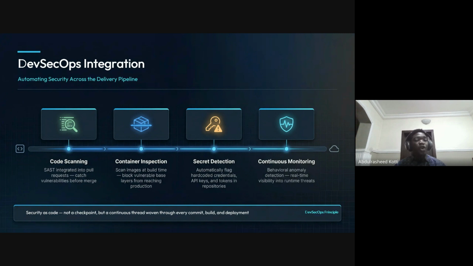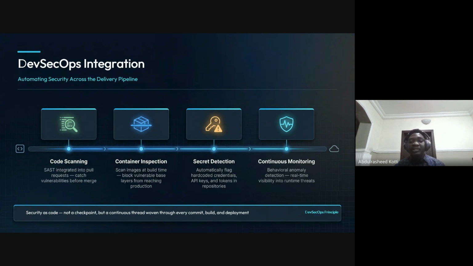Next is container inspection or dependency scan. So these tools will check the external things that are used by this app. Is the library safe? Does it have any kind of known issues? And how do we fix it or stop it?